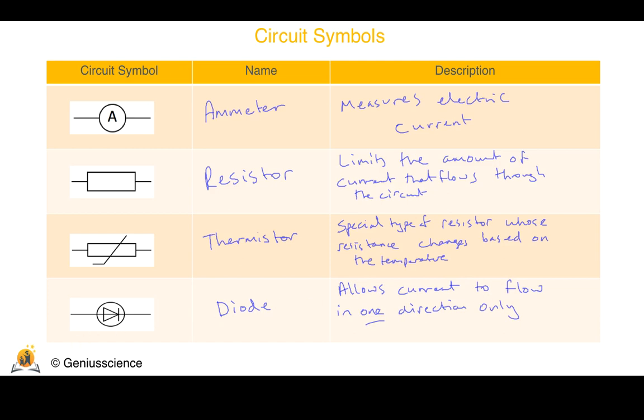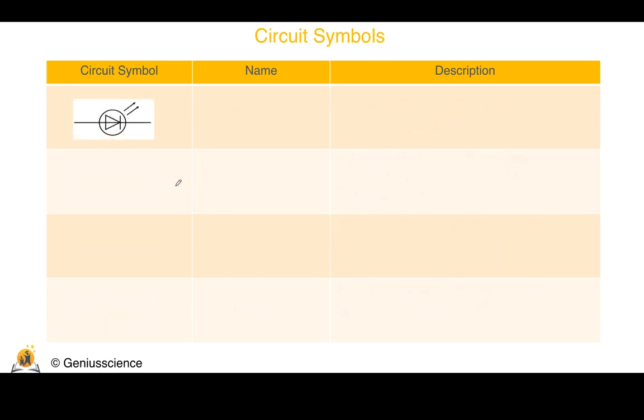Okay, so we have 4 more left. This first symbol here is a symbol for a light emitting diode, also known as an LED for short. An LED is a type of diode that emits light when current flows through it.